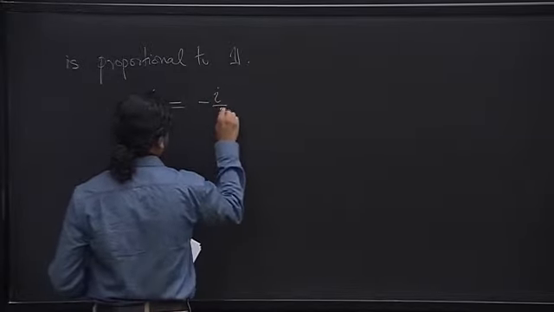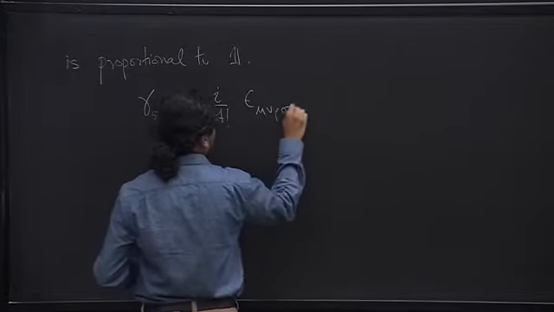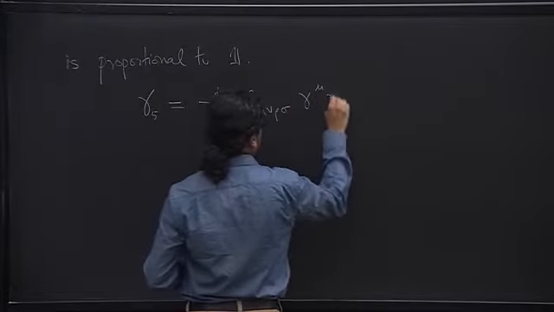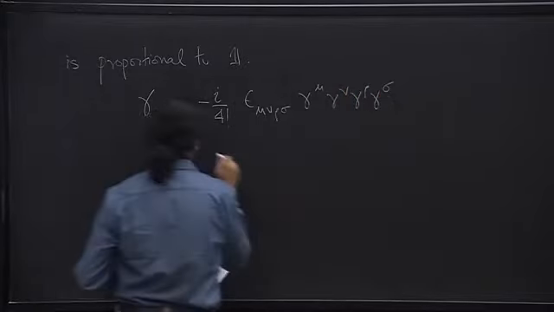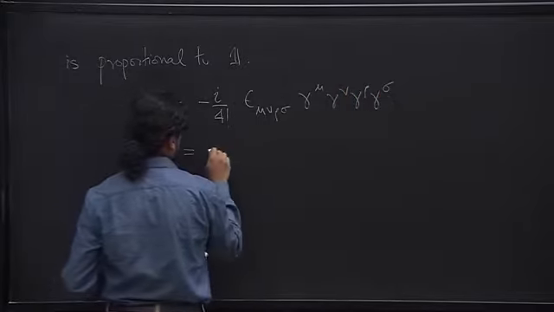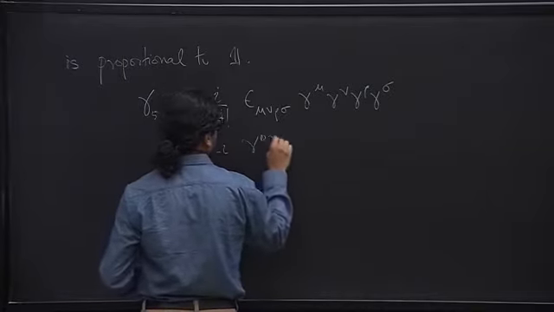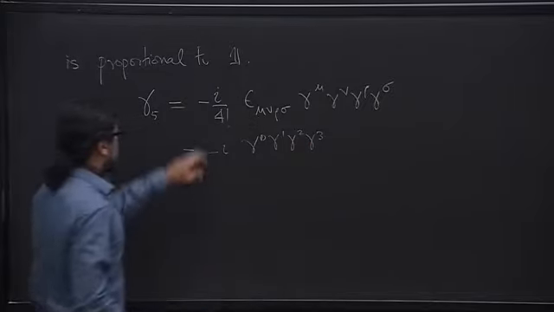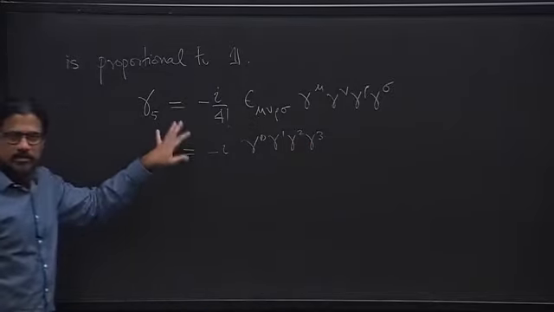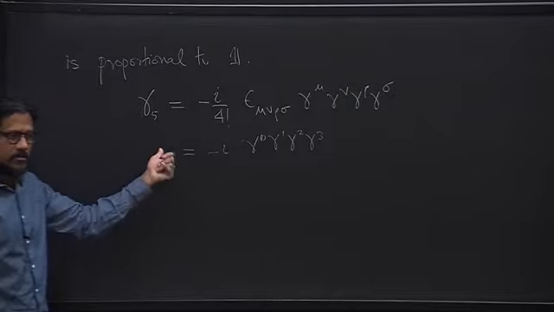It's defined, and if you just do the algebra, it's just one line. The sign of gamma 5 is conventional, so I chose a minus sign. You will see some authors choose a plus sign.